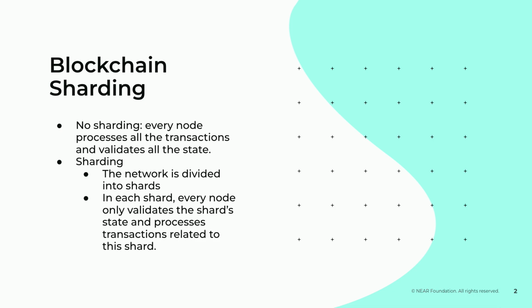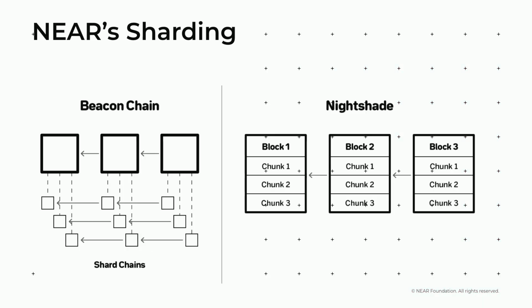But between different shards, they're doing completely different things. They have different state, they process different transactions, and so on. Essentially, the entire network is parallelized by the number of shards, and the more shards you have, the higher throughput the network has as a whole.